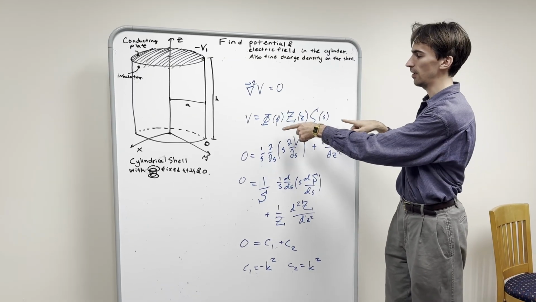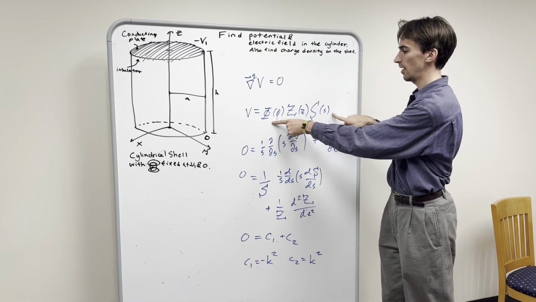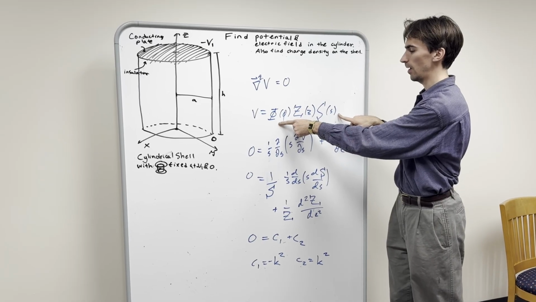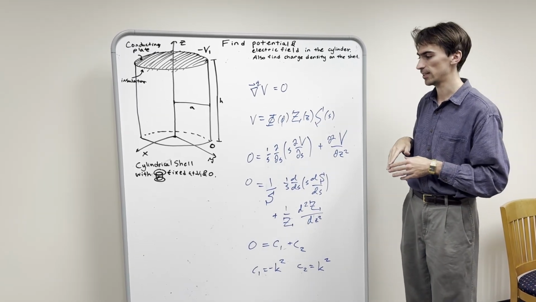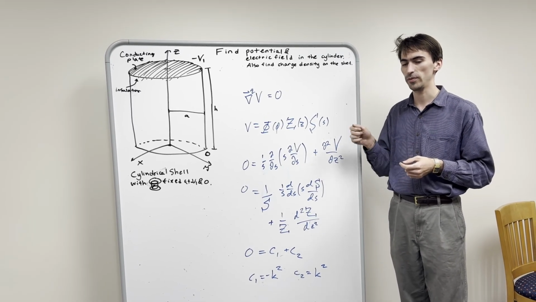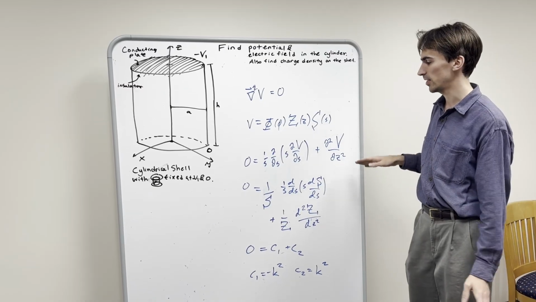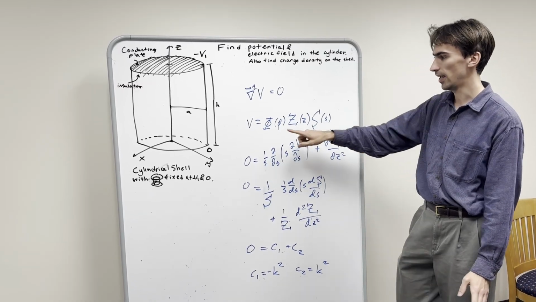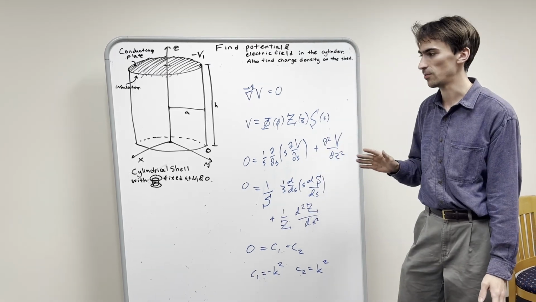So right away, if I take the Laplacian of this, I'm going to have to use a formula for the Laplacian in cylindrical coordinates, and I'm going to notice there's a term with the derivative of V with respect to phi. That's going to go to 0 because our physical situation doesn't depend on phi whatsoever.